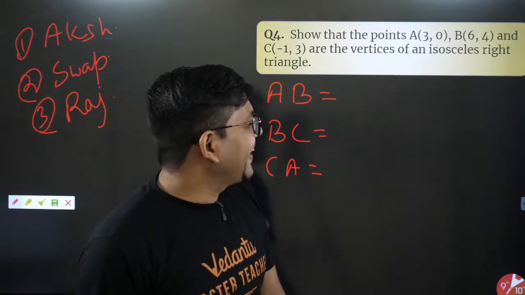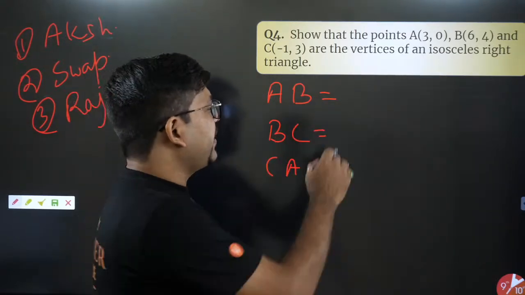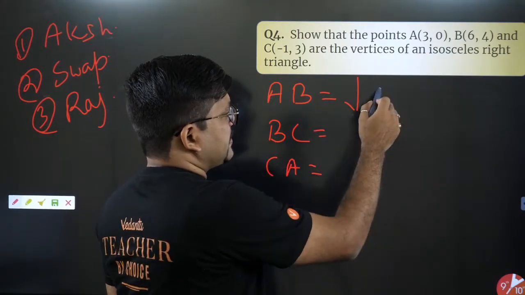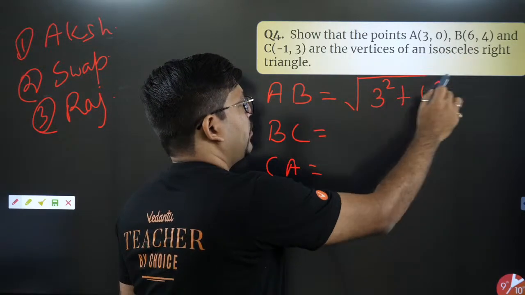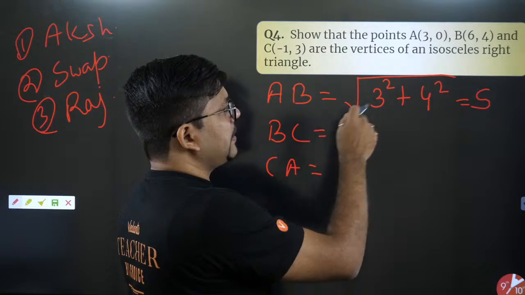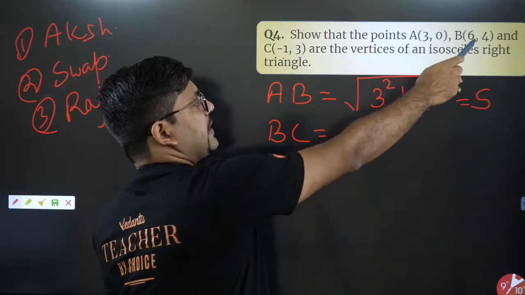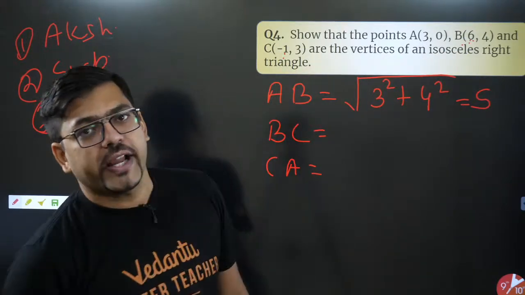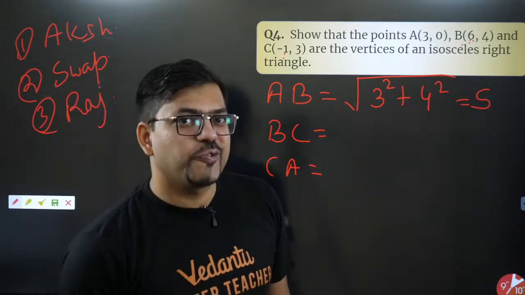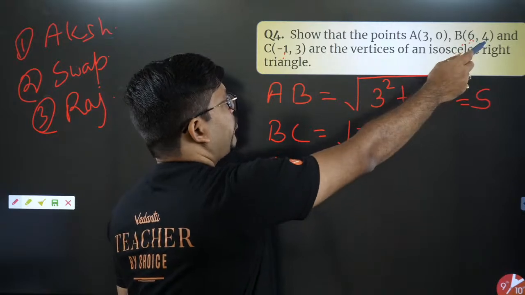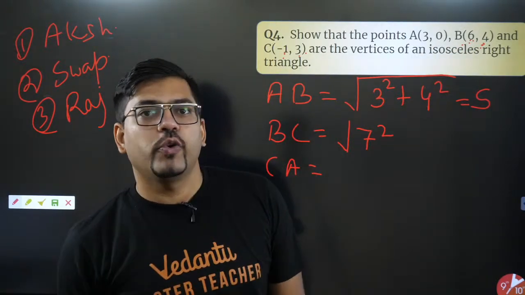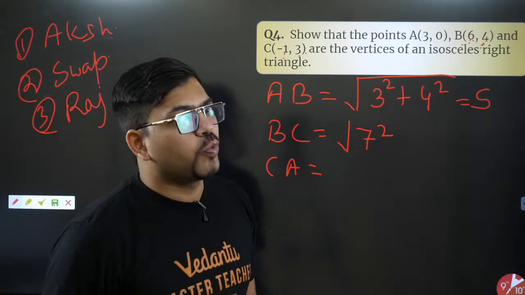Okay. So if you find AB, this is x2 minus x1, that is 6 minus 3, 3 square, plus 4 minus 0, 4 square. If you solve this, this is 5. Similarly, BC, B and C. 6 is here and minus 1 is here. If you take a difference, 6 minus of minus 1 will become 7. So this is 7 square, and then 4 and 3. If you take a difference of 4 and 3, you will get 1, isn't it?